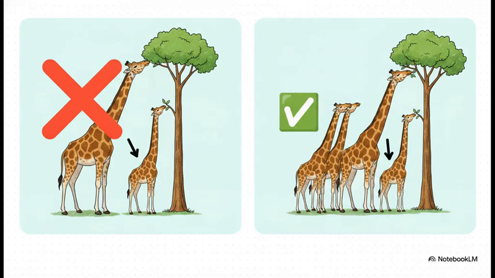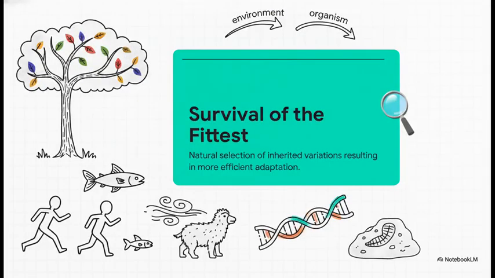Then along comes Charles Darwin in 1859 with The Origin of Species, completely transforming our understanding. Darwin realized that species actually evolve due to minor, inherited variations among individuals, and those tiny changes accumulate over countless generations. The really crucial point here is how nature actually does the choosing. Darwin's theory implies natural selection, which we all famously know as the survival of the fittest.